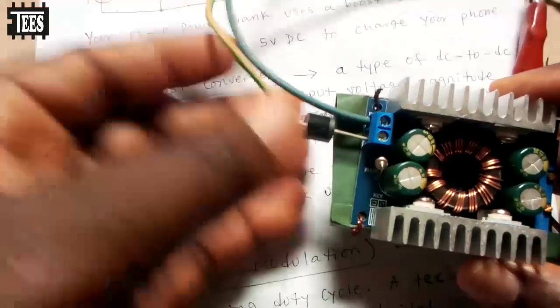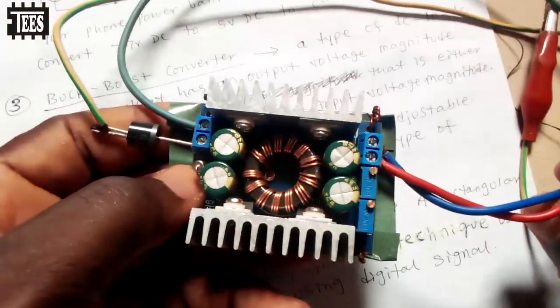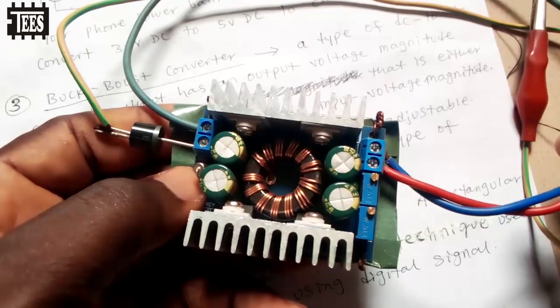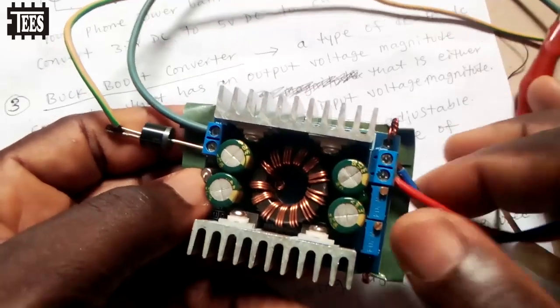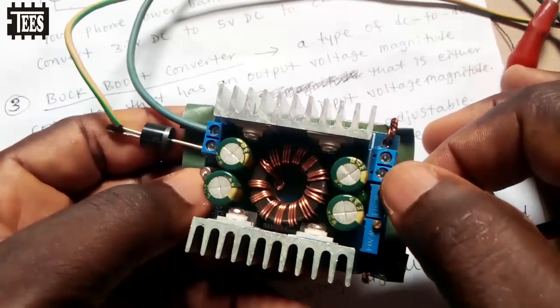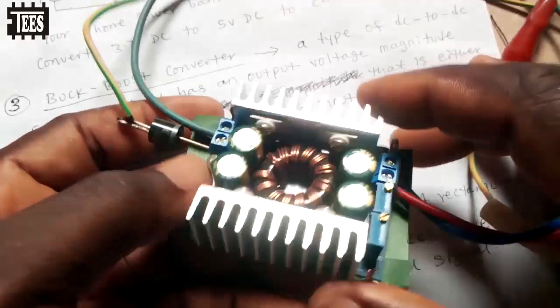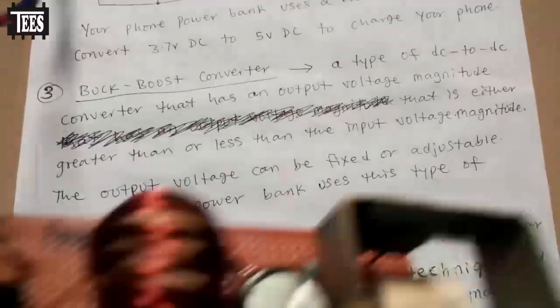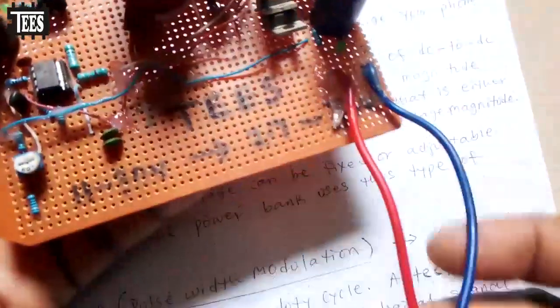I can put in 12 volts here and get 18 volts, or even 5 volts, or even 25 volts, because the output is adjustable. This potentiometer you can see is adjustable. Then down to the one we have constructed, this is my input and this is my output.